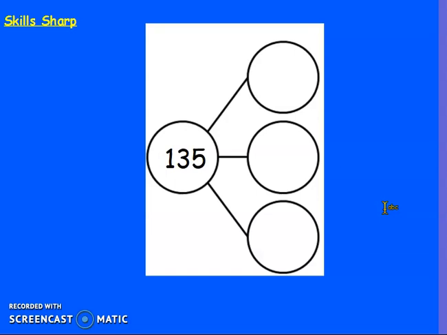Write your answer down and press play when you're ready. Well done. So we read the number. We've got 100 to start with. So that's the first number that we partition. We've got 3 tens, 30, and 5 ones, 135. Great work if you got that correct.